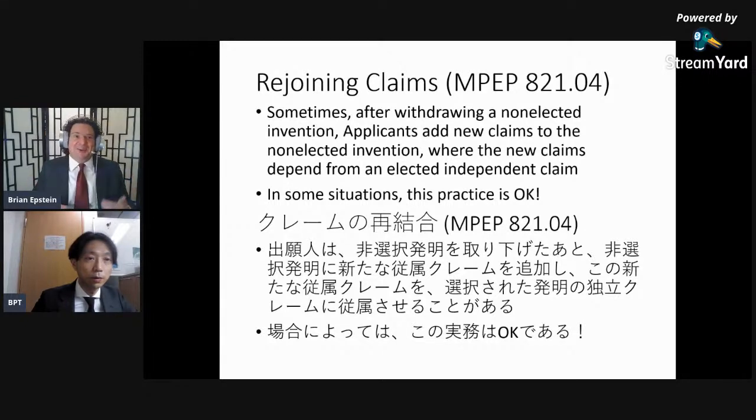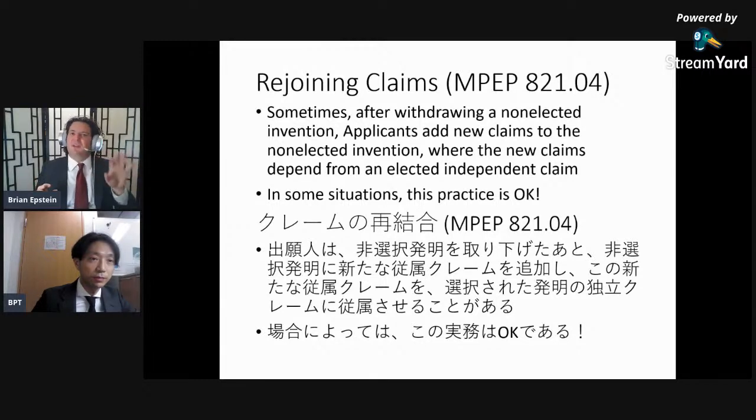Wow. Okay. So examiners might complain that sometimes after withdrawing a non-elected invention, right, there was an election, we're choosing group one, group two is getting withdrawn. Applicants add new claims to the non-elected invention, where the new claims depend from an elected independent claim.